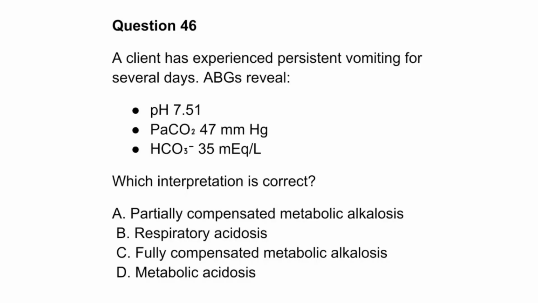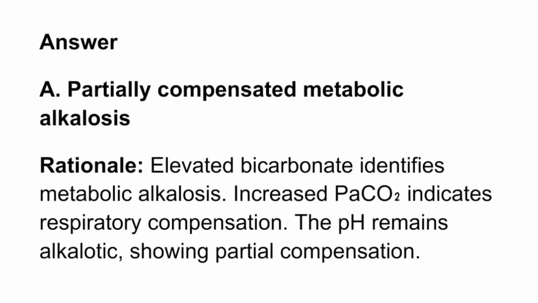C. Fully compensated metabolic alkalosis. D. Metabolic acidosis. Answer: A. Partially compensated metabolic alkalosis. Rationale: Elevated bicarbonate identifies metabolic alkalosis. Increased PaCO2 indicates respiratory compensation. The pH remains alkalotic, showing partial compensation.